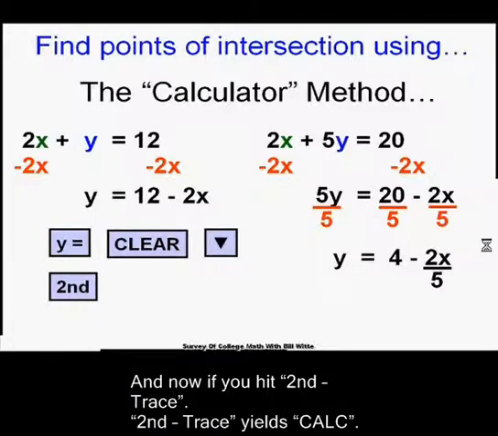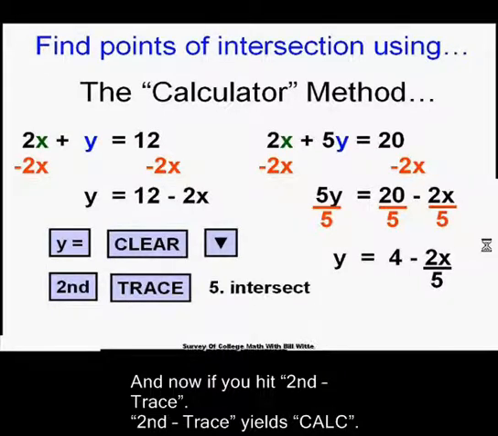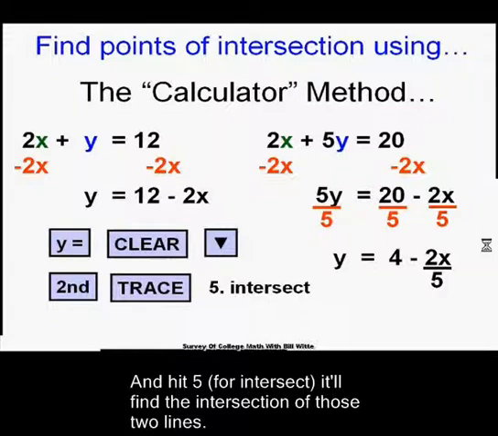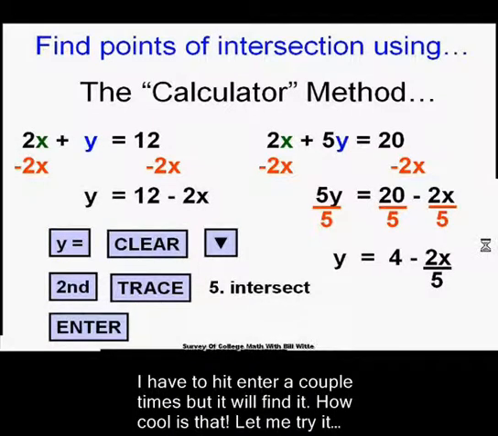Now hit second trace. That's going to bring up, what do you want to trace? Second trace is calc. Hit 5 for intersect, and it'll find the intersection of those two lines. You'll have to hit enter a couple times, but it will find it. How cool is that?